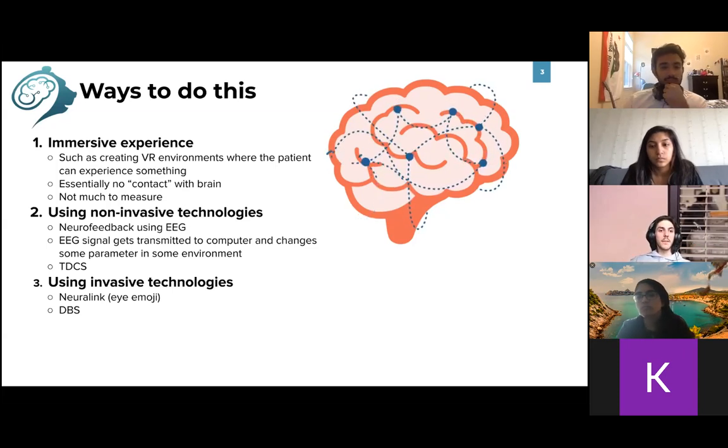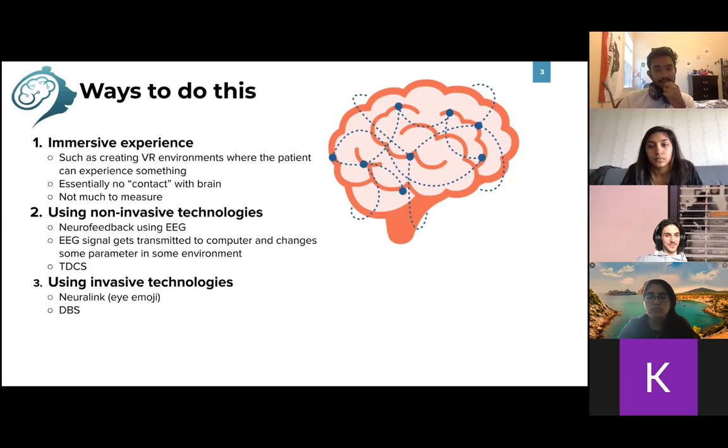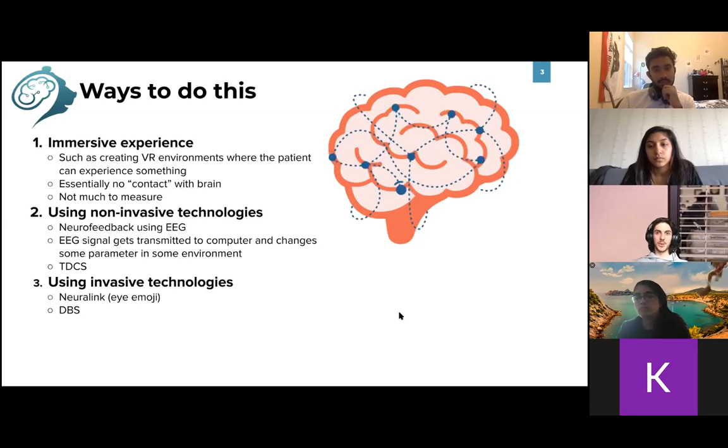And then you can also use invasive technologies. Here, Sarang wrote Neuralink eye emoji. I guess it's kind of cryptic what Neuralink does. And deep brain stimulation is obviously a very big thing right now and will be in the future, but it's quite promising.